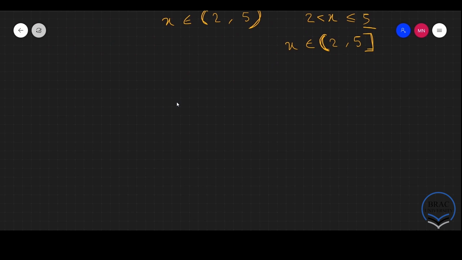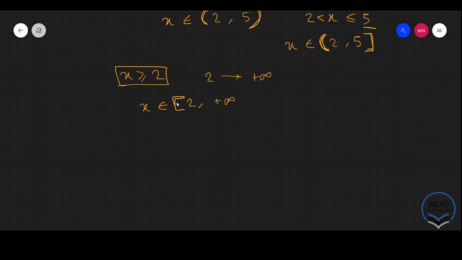Now for the case of dealing with infinities, let's say we have x is greater than or equal to 2. Let's say this is our domain, right? So that means our possible values of x range from 2 all the way to positive infinity, right? So we can show this in interval notation as well. We can say that x is an element of the interval from 2 to positive infinity.